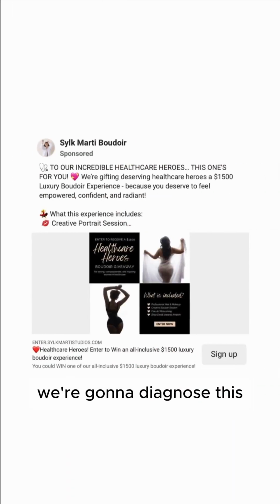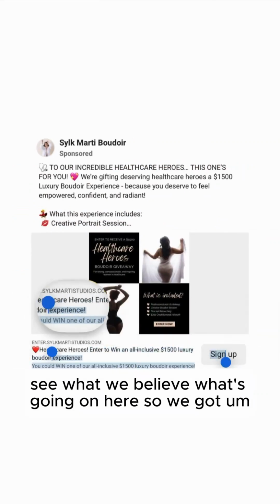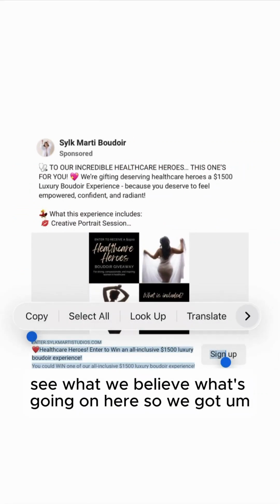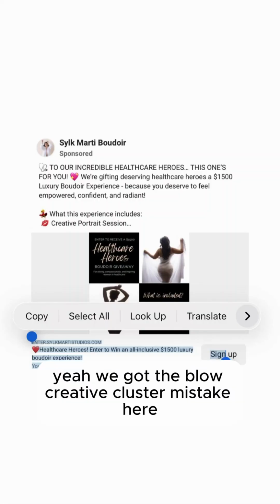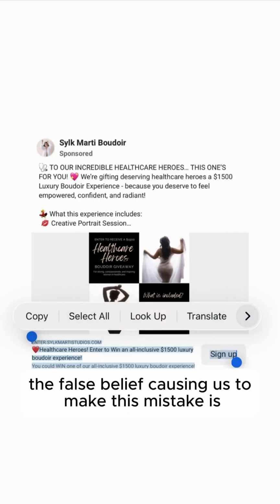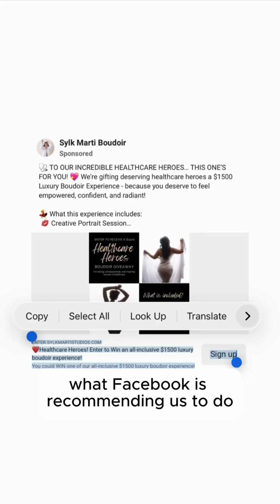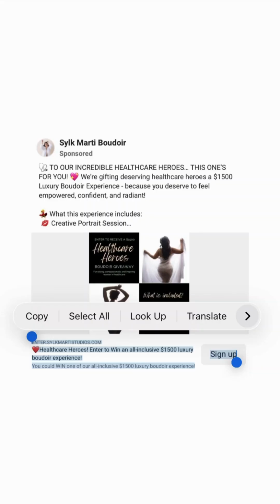So now we're here. We're going to diagnose this, see what we believe is going on here. We got the below creative cluster mistake here. The false belief causing us to make this mistake is we are following what Facebook is recommending us to do.